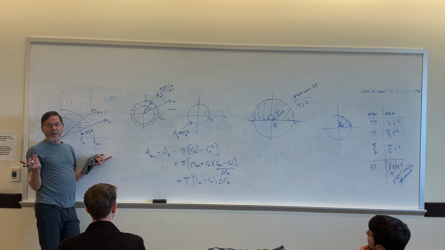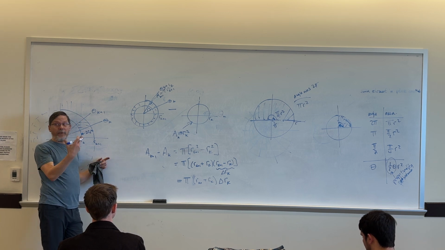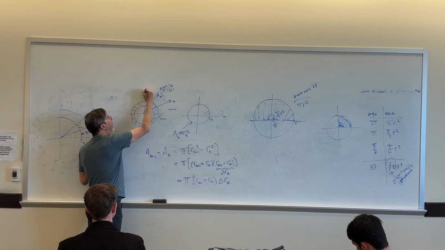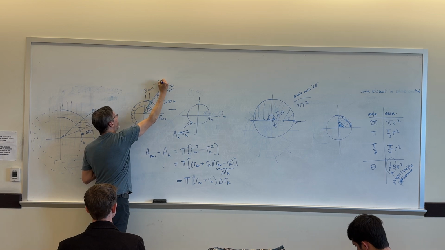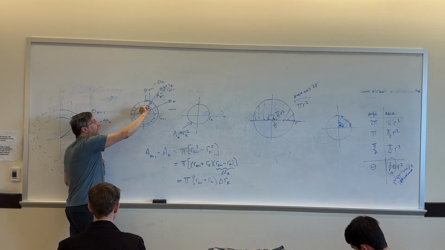It's just delta theta sub k. It's theta sub k plus 1 minus theta sub k. So this angle right here is theta sub k plus 1 minus theta sub k. So that's actually my angle measurement.